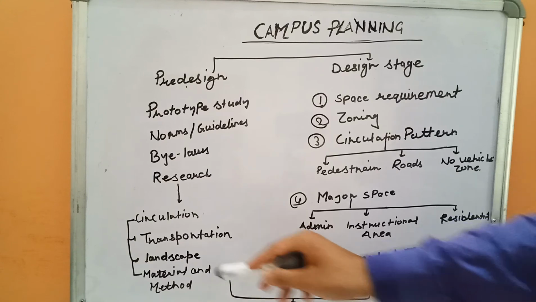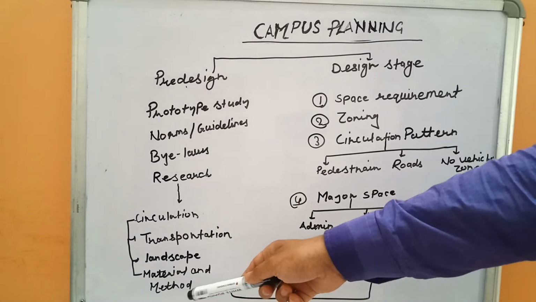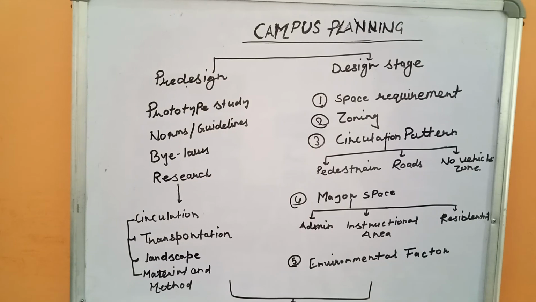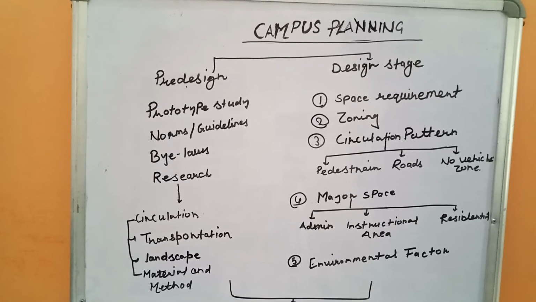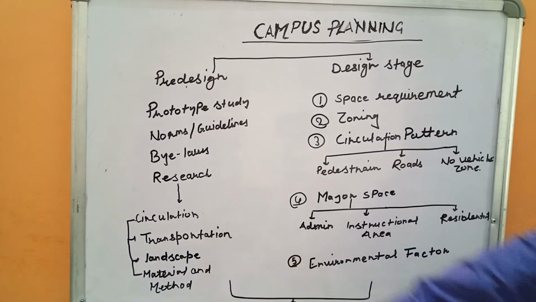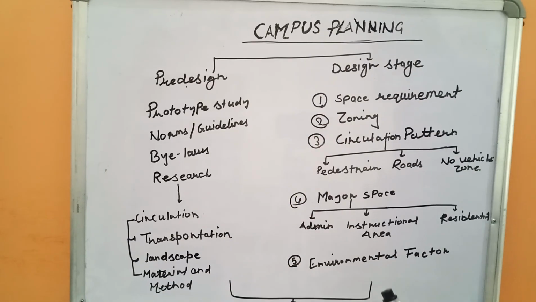We can use local building material available there, and green building material, material which is not costly but efficient in climatic response, which doesn't give a burden to the site, and which is appropriate to use in a particular area. So material can decide the character of campus design.